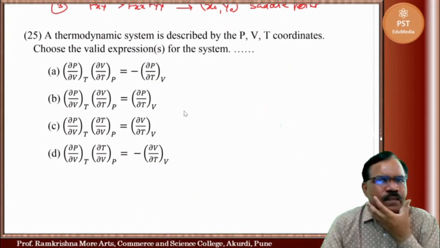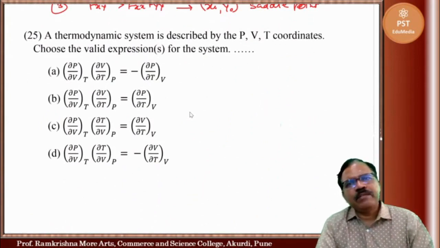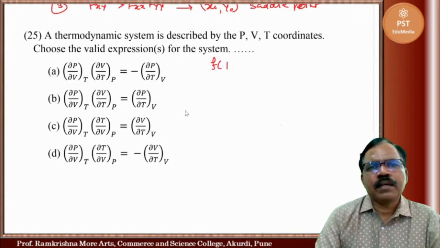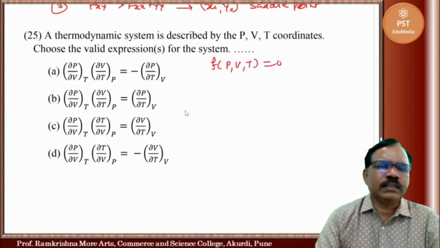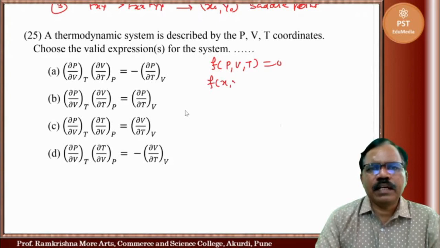Now next one, a thermodynamic system is described by the PVT coordinates. Choose the valid expression for the system. So f is function of P, V, T, and suppose that is 0. We know f(x, y, z) = 0.